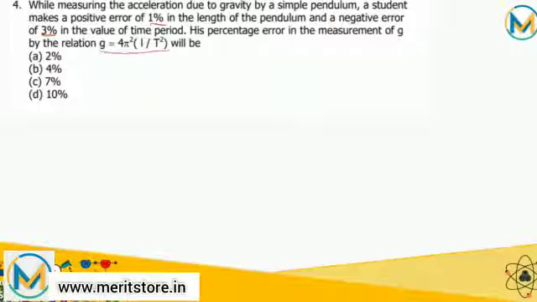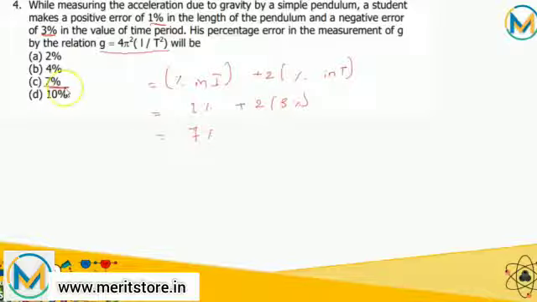Now we know that the percentage error in g is the percentage error in l plus 2 into the percentage error in T, that is the time period. So it is 1% plus 2 into 3%. The overall value comes out to be 1 plus 6, that is 7%. So the correct answer for this question is option C, that is 7%.